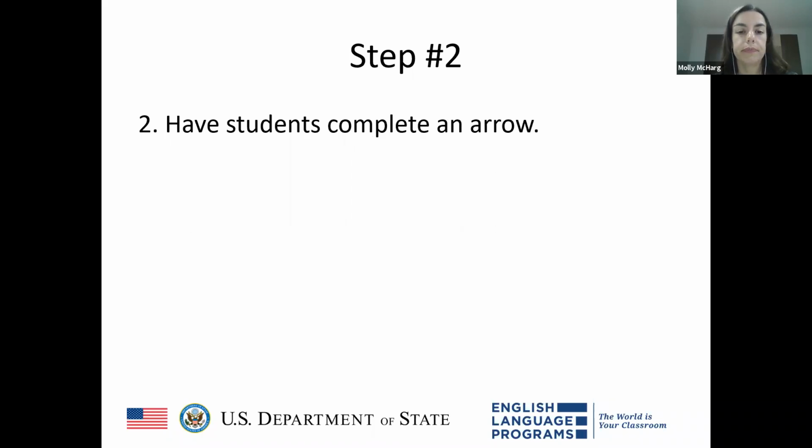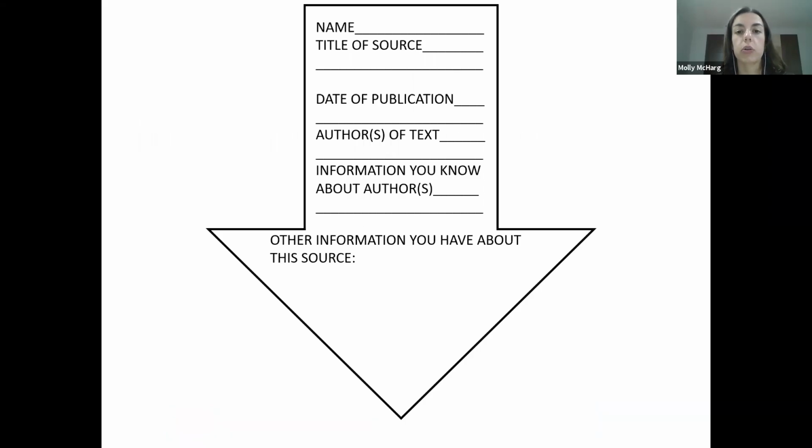Step 2, have students complete an arrow. Now, I'm going to show you this specific arrow. This is what I make. I print it out, I cut it into an arrow shape, and I hand one the size of a full page to every student in the class. You will see it has name, so I want the students to write their name on it. Then they write the title of the source.